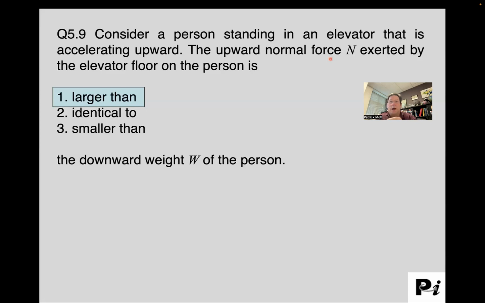If you're not accelerating, then you are going to push down on the scale with as much force as your weight. But let's say I hand you a 10 kilogram cement block. Is the scale going to read your weight anymore? No, it's going to read your weight plus the weight of that 10 kilogram block. The scale doesn't know anything. It just knows the contact force that you're applying to it.